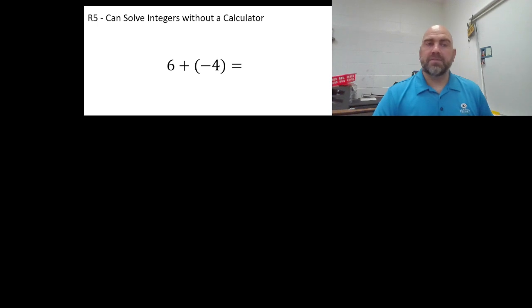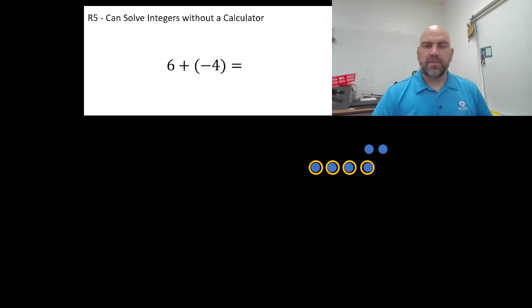What happens if we have some positives and some negatives? In this case, we're going to take positive 6 and add negative 4. So we're going to take our 6 positives and add on 4 negatives. These are not like terms, but if we combine a positive and a negative, it's going to create a 0. So I'm going to take 4 of my positives and combine them with those 4 negatives.